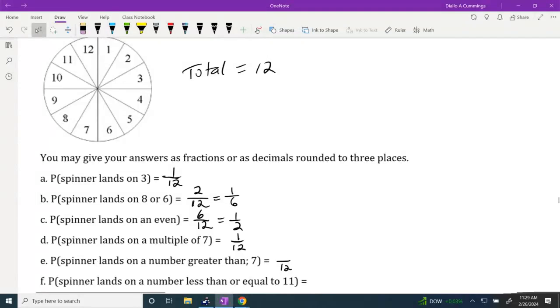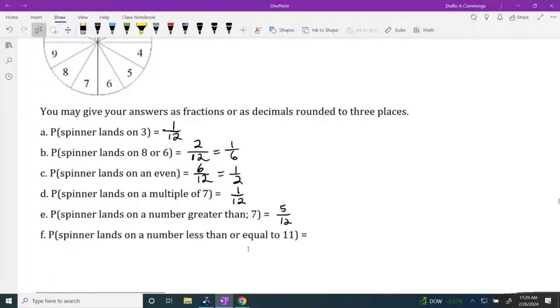But you would include 8, 9, 10, 11, and 12, right? So there's 5 numbers greater than 7, so we get 5 over 12. Now, if that were to say greater than or equal to 7, then you would include 7.